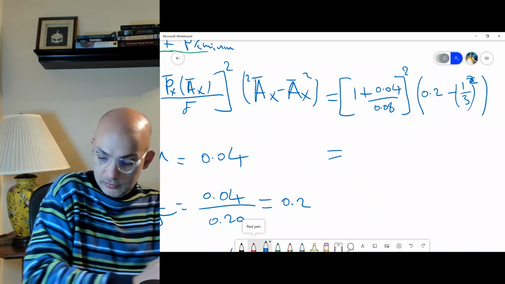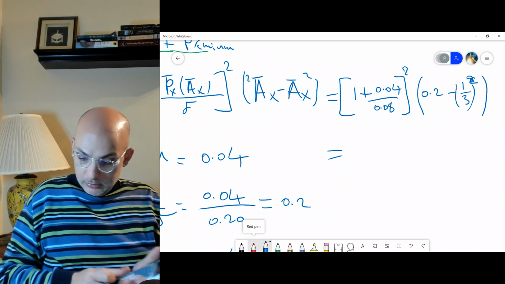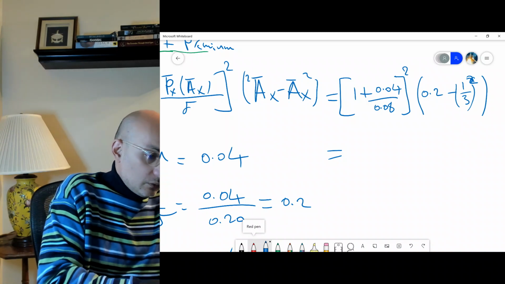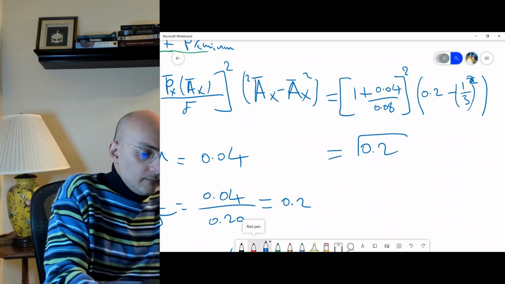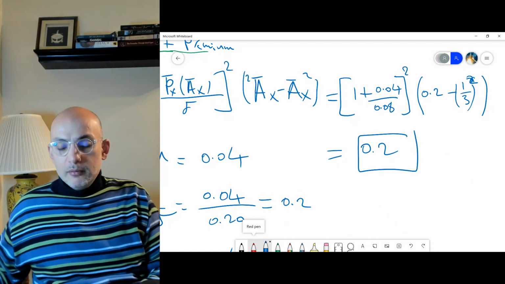Now it should come to, let me say, 0.01 divided by 0.08. Simple. If you know the formula, it should be very easy.